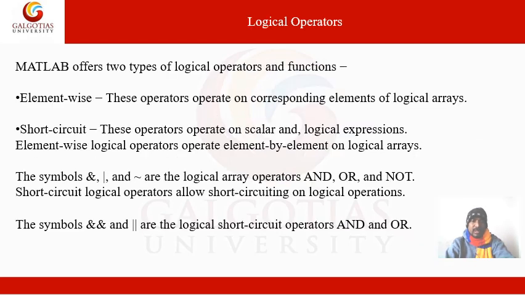Logical operators. There are two types of logical operators and functions: one is element-wise and another is short circuit. The symbols and, or, and not are the logical symbols. Short-circuit symbols allow short circuiting on logical operations.